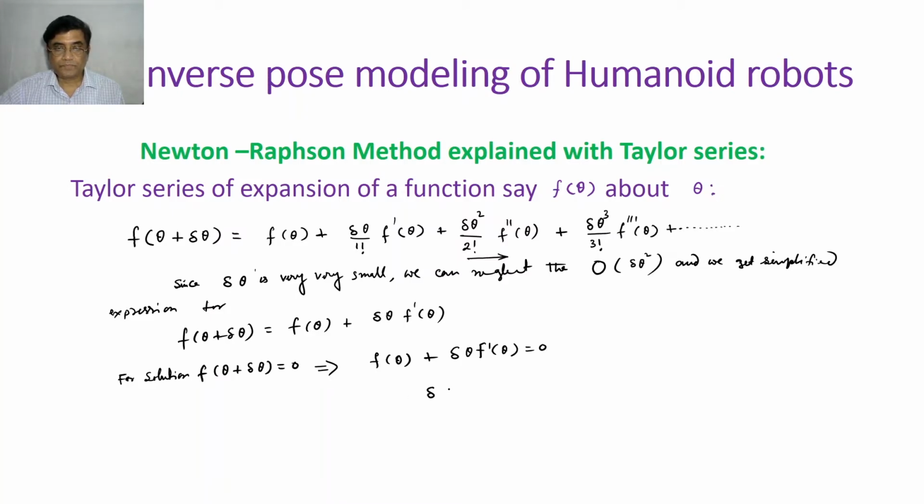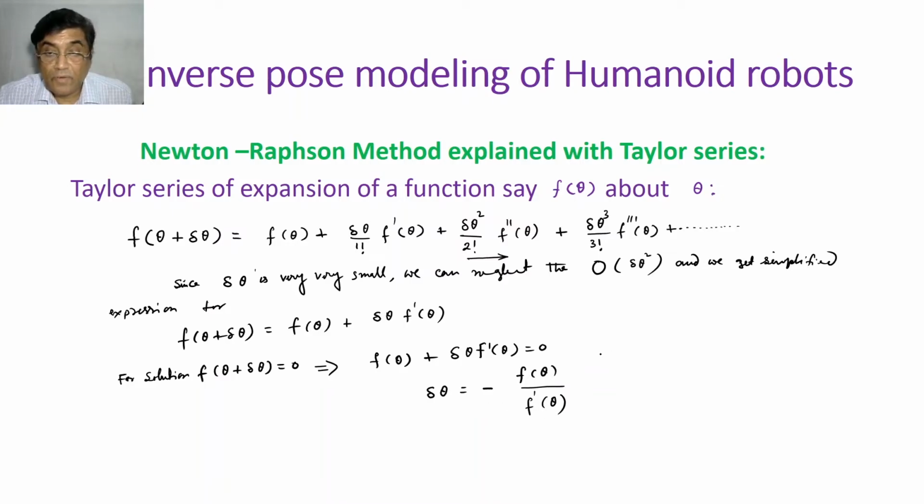So delta theta equals minus the functional value at that point divided by the first derivative, right?